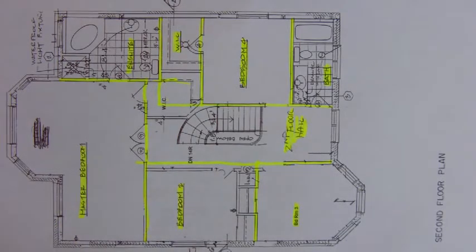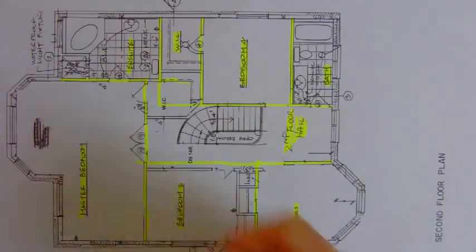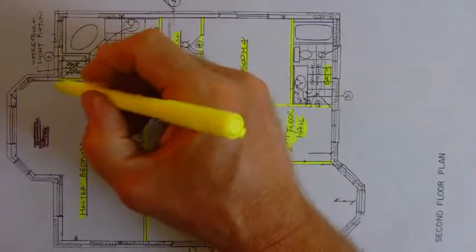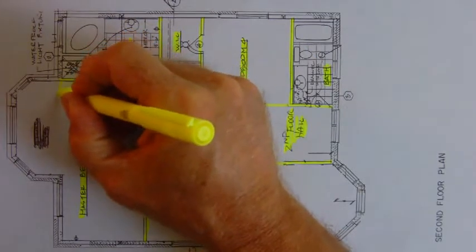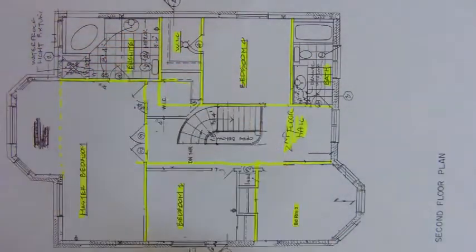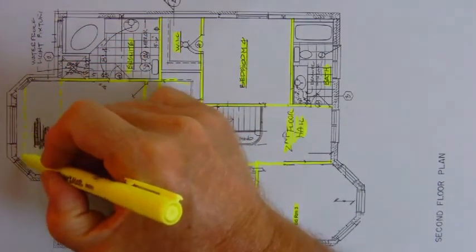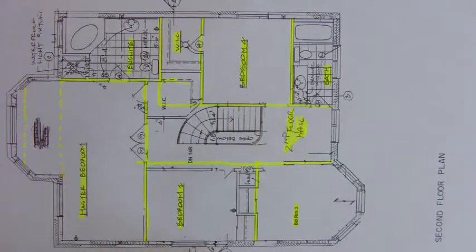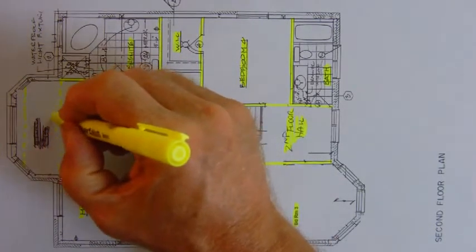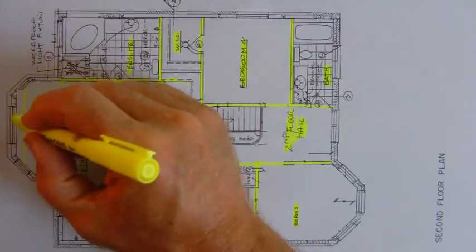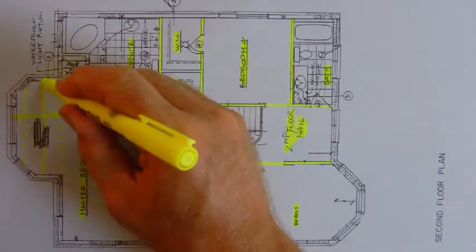In the master bedroom, clearly we've got some odd shapes. I would simply divide up the bedroom in this fashion, find the area of this large rectangle. Again, I would just measure through the center of this trapezoid and then measure this distance and this distance.